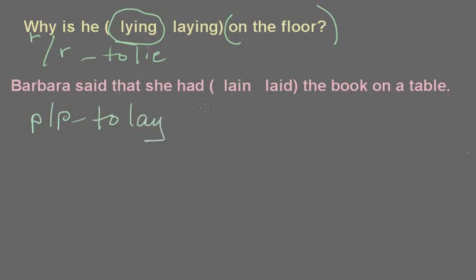Which one of those is a form of to lay? And we've got a helper here of had, which means it's the past participle. The past participle form of lay is laid. We need a direct object. She had laid what? We've got one: book.